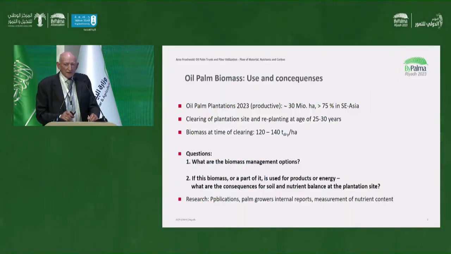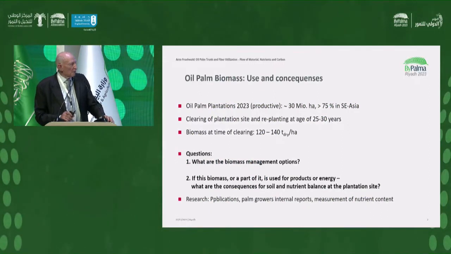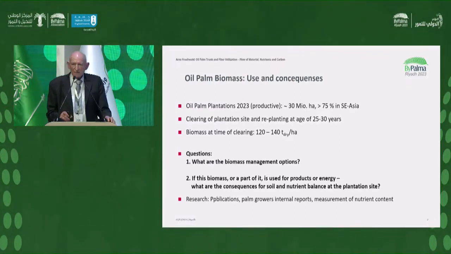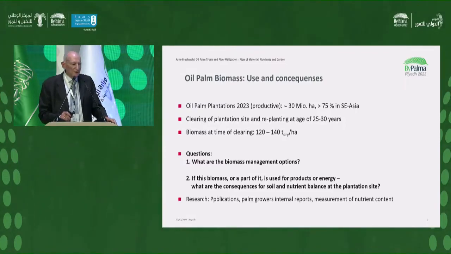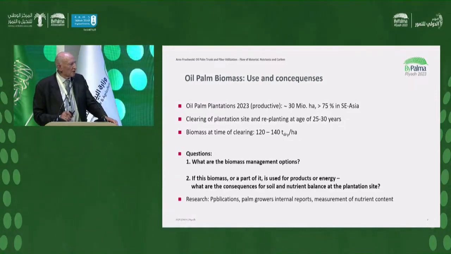So if we look to the oil palm, I already talked about the day before yesterday, we have a very high productivity and a high area. Oil palm are the number one, and the area is bigger than all the other palms together, almost. And the oil palms have quite a short life. They are felled because of declining oil production after 25 or 30 years.